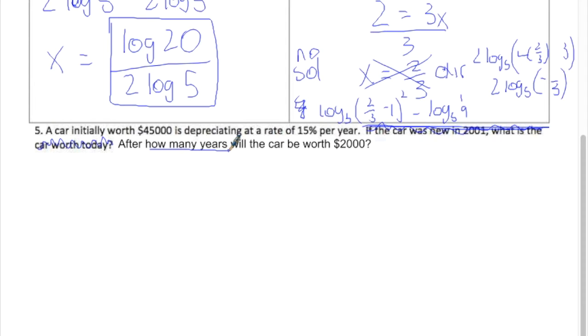So if we set this up, we know that the final amount is 2,000. And it's depreciating at 15% per year. And it starts at 45,000.